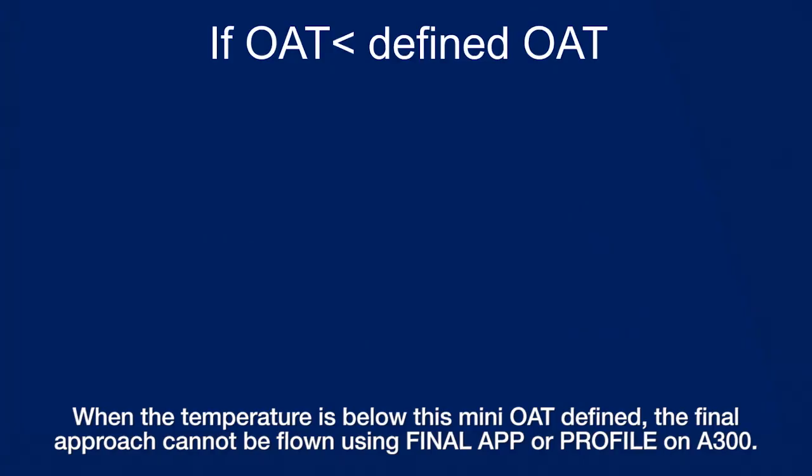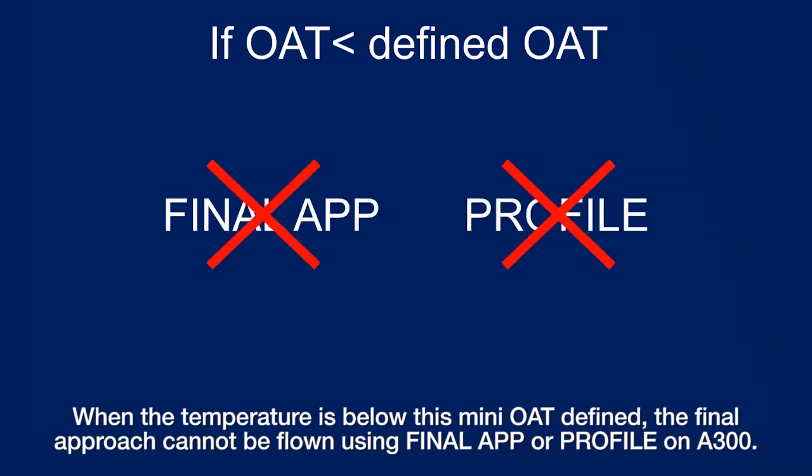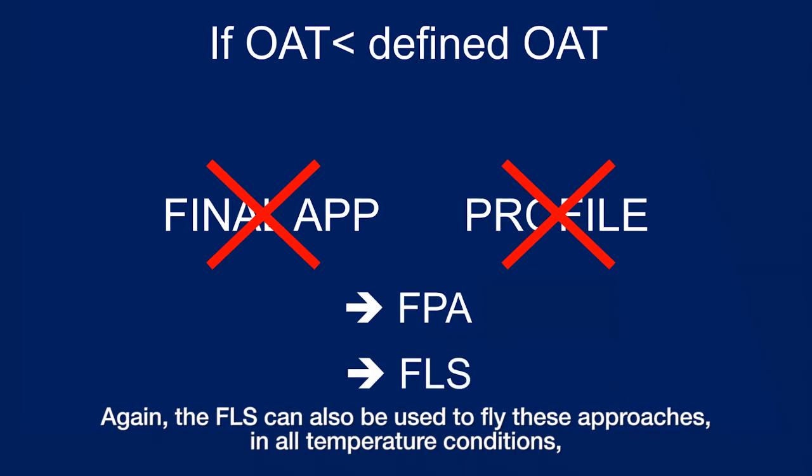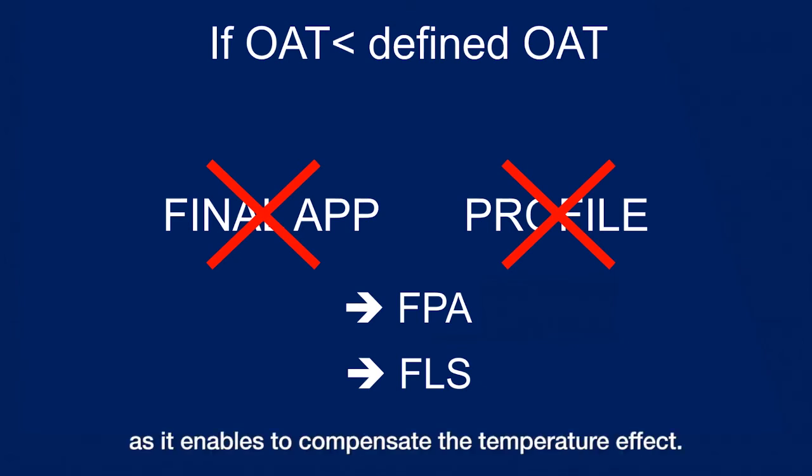When the temperature is below this minimum OAT, the final approach cannot be flown using final APP or profile on A300. The approach should be flown in vertical selected guidance, FPA, with altitude corrections taken into account. Again, the FLS can also be used to fly these approaches in all temperature conditions, as it enables to compensate the temperature effect.